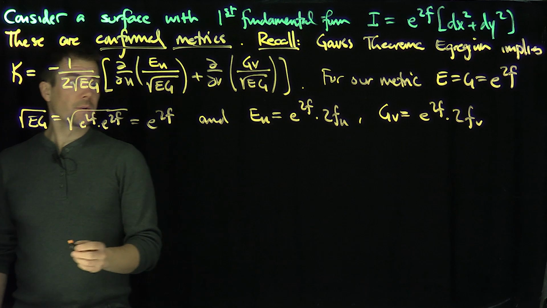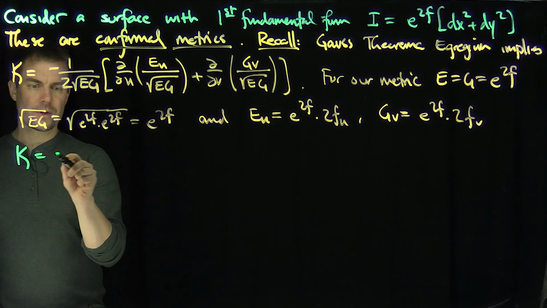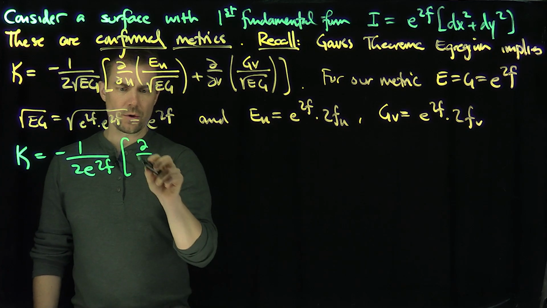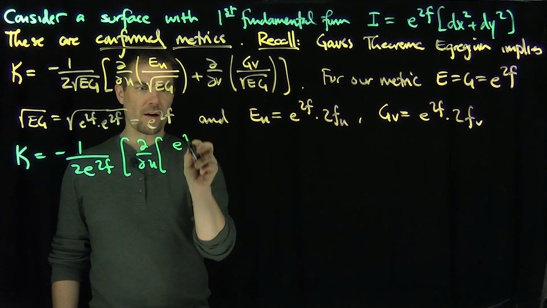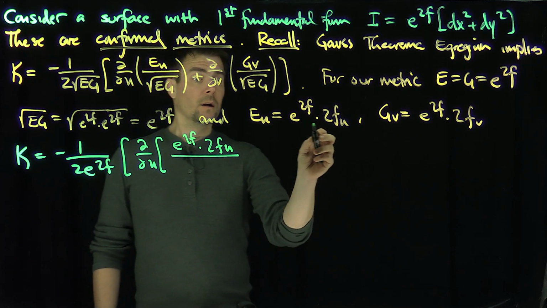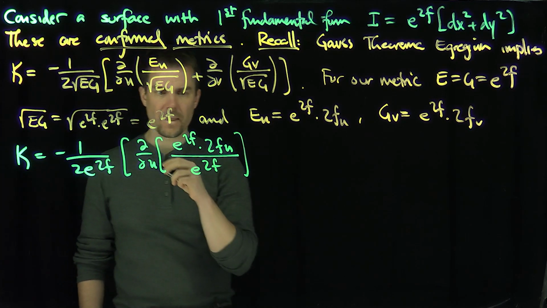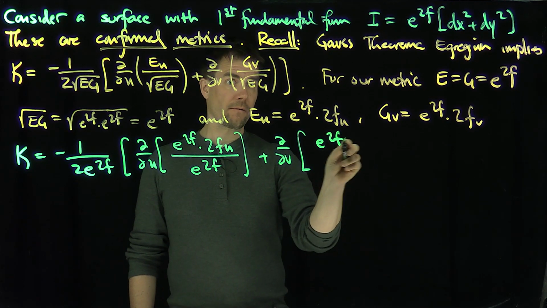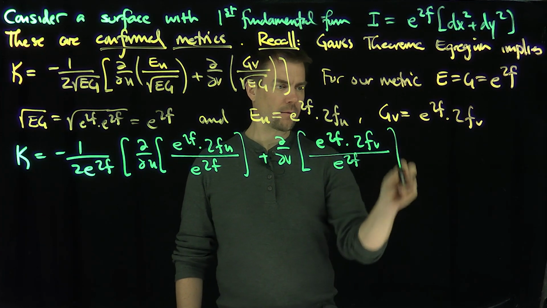Beautiful. And so now this allows us to complete the calculation. My curvature K is going to equal -1 over 2 e to the 2f, and then d by du of E_u, which is e to the 2f times 2f_u, divided by e to the 2f, plus d by dv of e to the 2f times 2f_v over e to the 2f, like so.